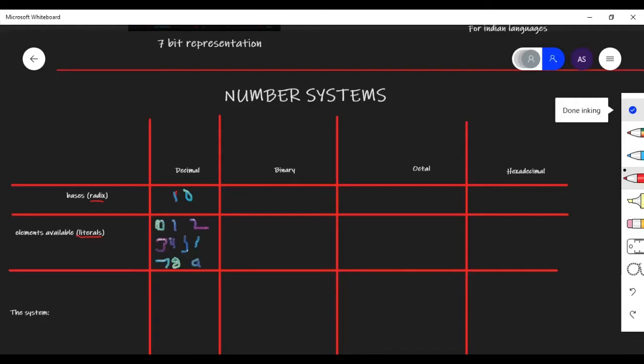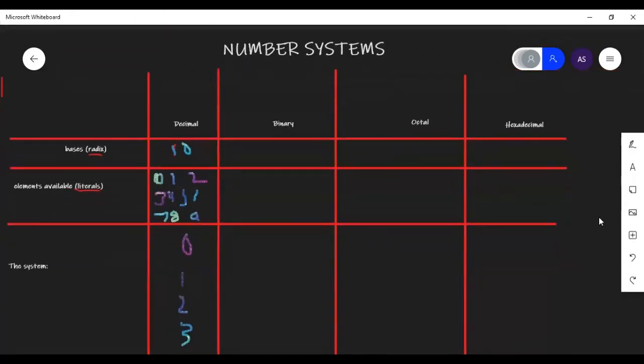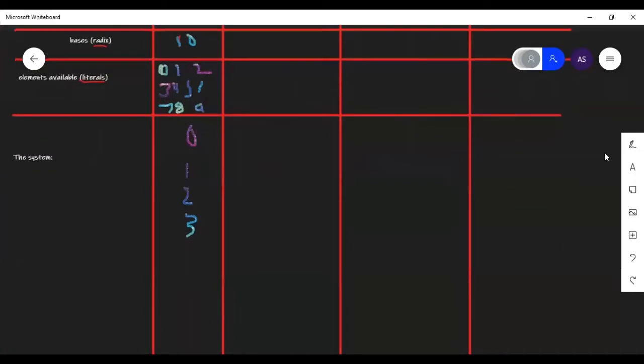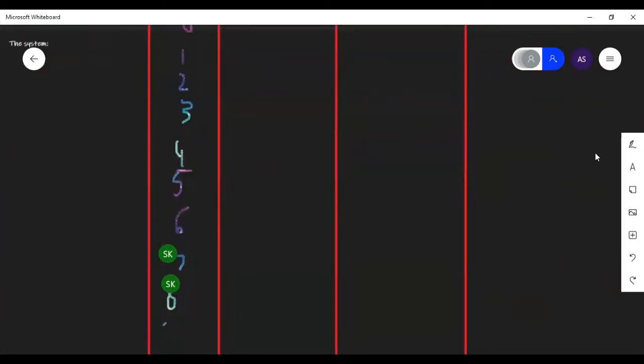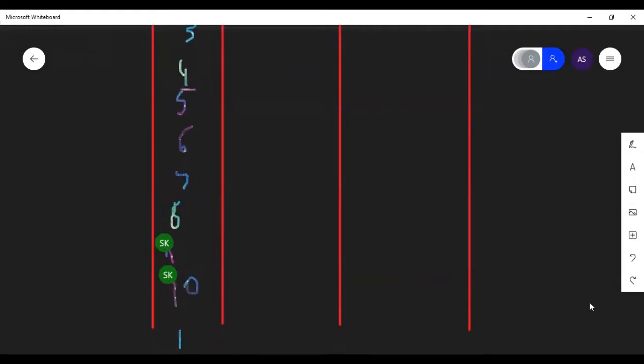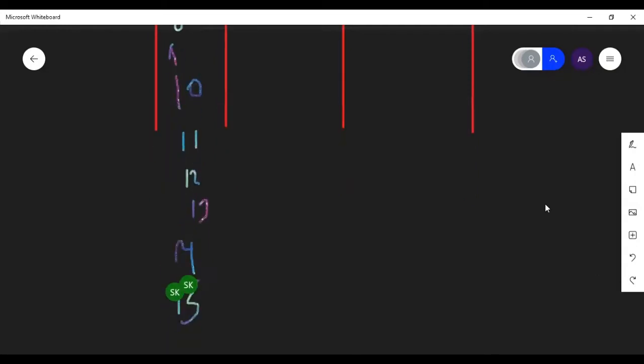Let's look at the first 15 numbers: 0, 1, 2, 3, 4, 5, 6, 7, 8, 9, 10, 11, 12, 13, 14, 15. Those are the first 15 numbers in our decimal system.